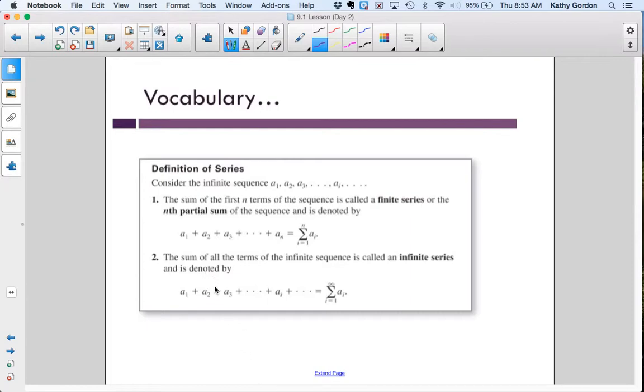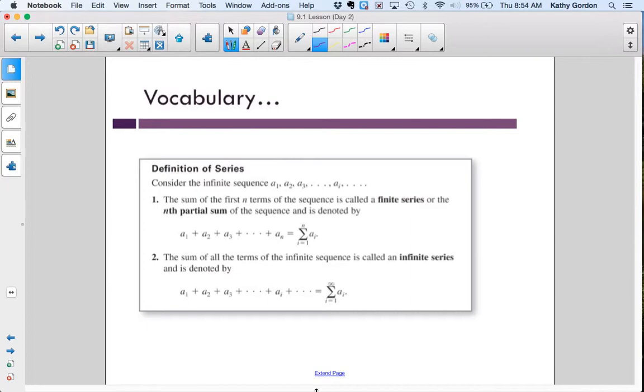But then there are cases where we can actually take the sum of the terms of an infinite sequence. Now that may seem a little strange, because if it keeps going on and on, how can we possibly ever get the sum of it? Well, we're going to find that there's only certain types of infinite series that we can do.